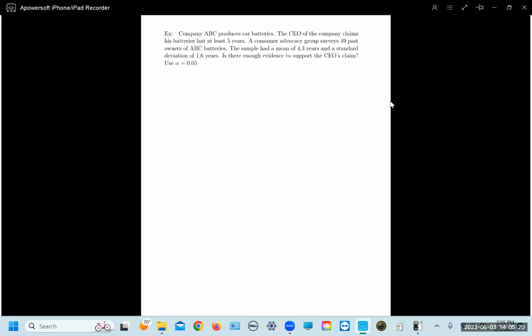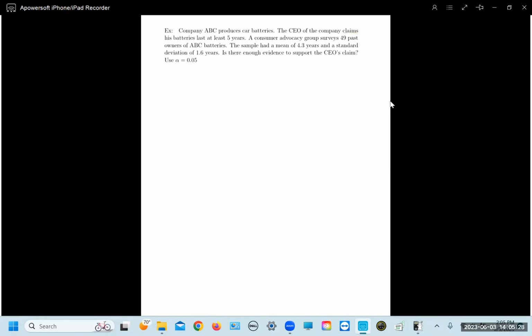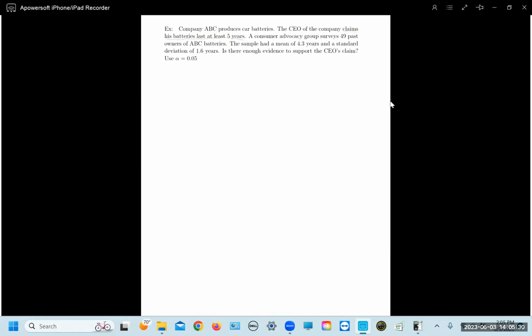As we know, the claim is that his battery lasts 5 years. We have 49 past owners and 4.3 years, so we have enough information.